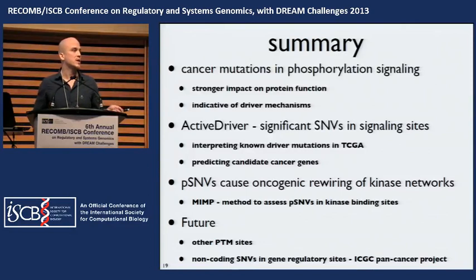Then the MIMP method that I briefly talked about helps you analyze those flanking mutations that may alter kinase specificity. In the future, we would like to extend these approaches to other types of post-translational modifications. And also now that we do whole genome sequencing on tumors, we can think how to extend these ideas to gene regulatory motifs, for example.